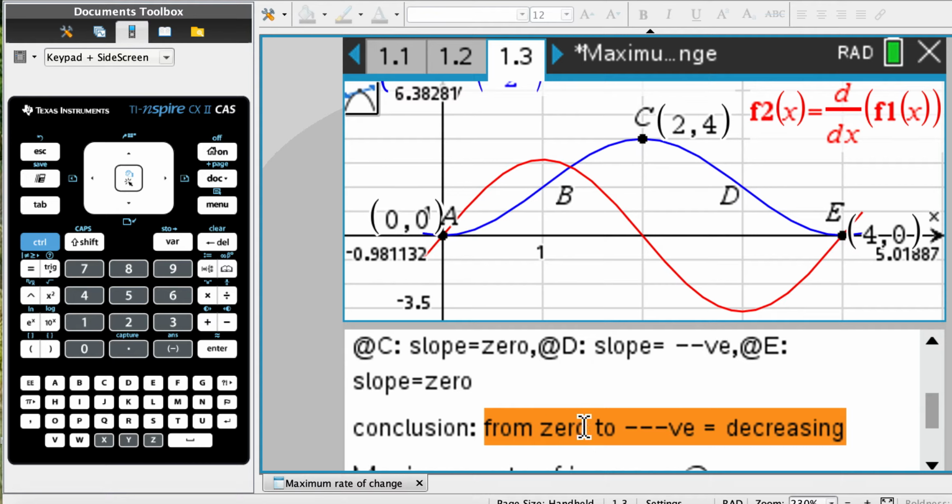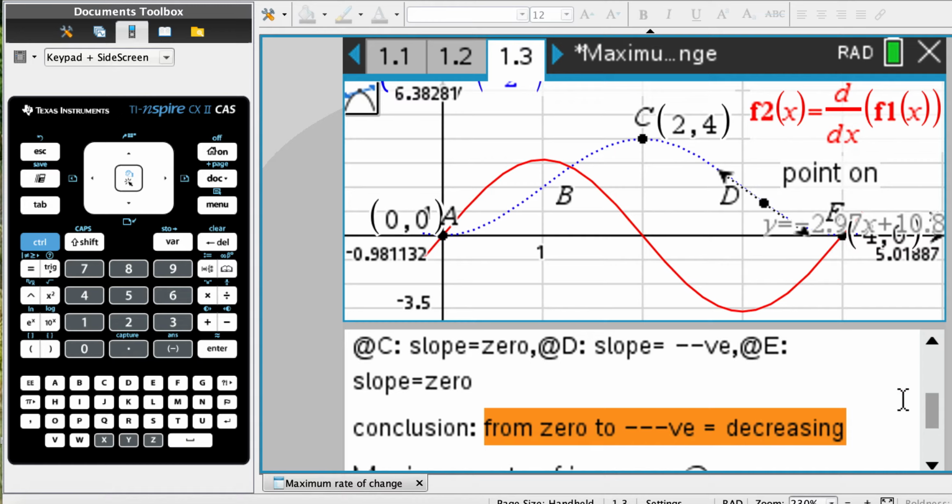So if I'm going from 0 slope and getting very negative, and very, very negative, getting smaller and smaller, you must agree with me that the slope or the rate is actually decreasing.